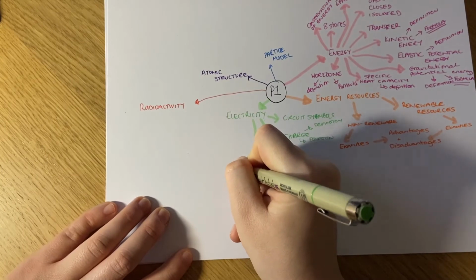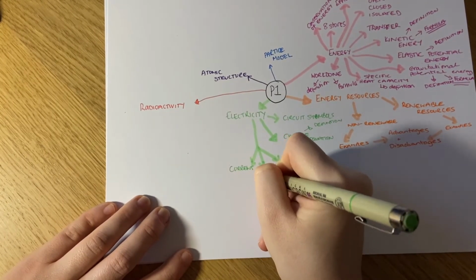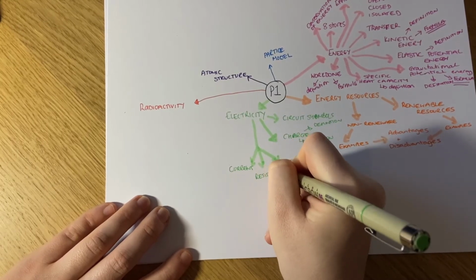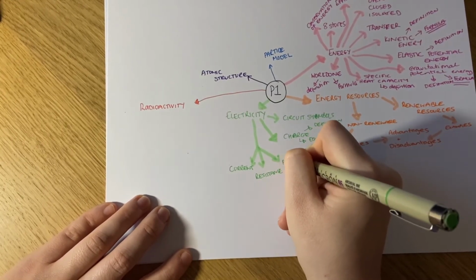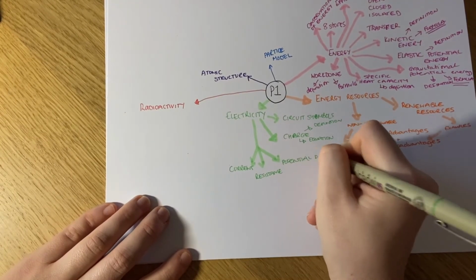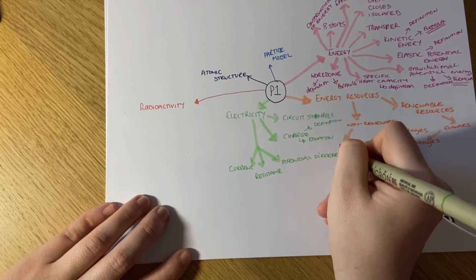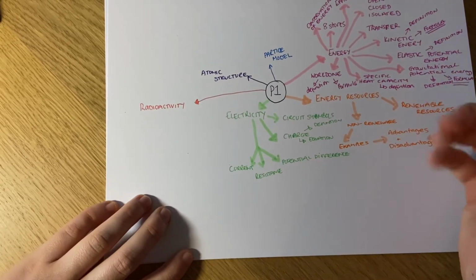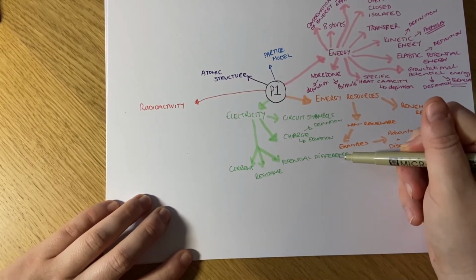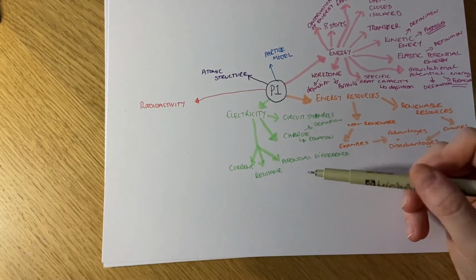And that is current, resistance, and potential difference. Now, potential difference used to be known, and still sometimes is known, as voltage. It's measured in volts, and it's measured using a voltmeter.